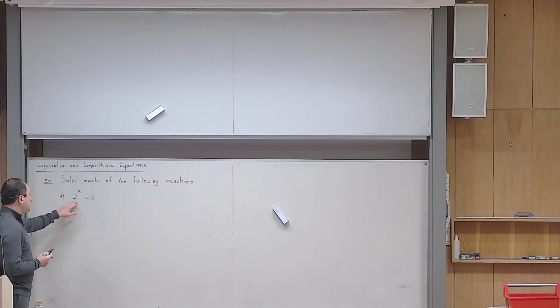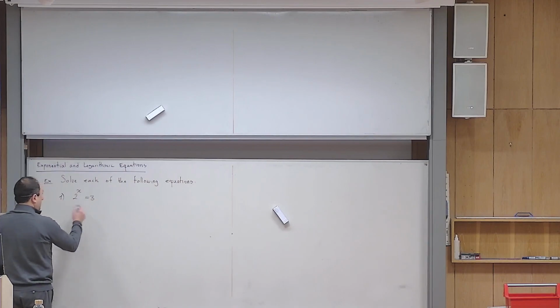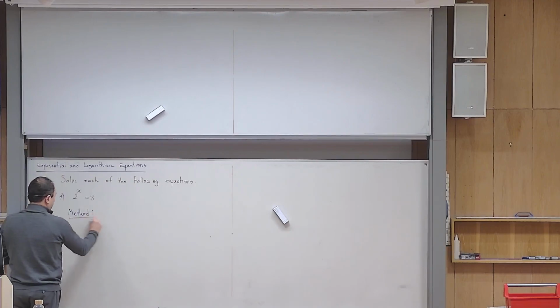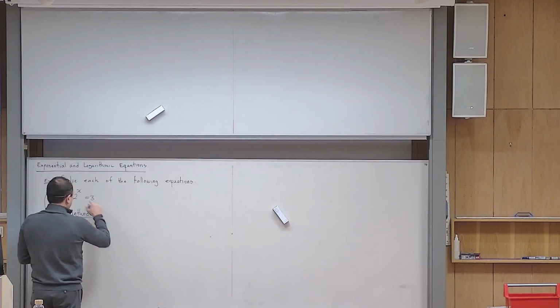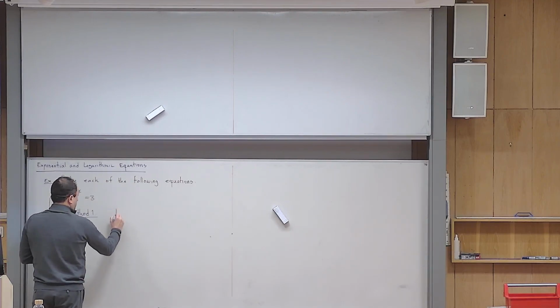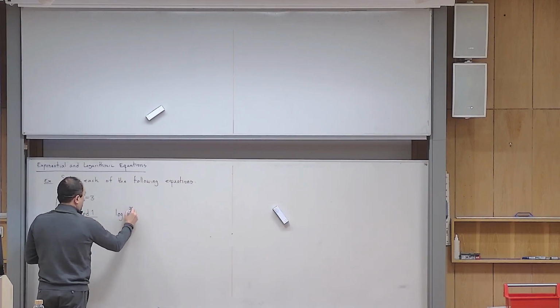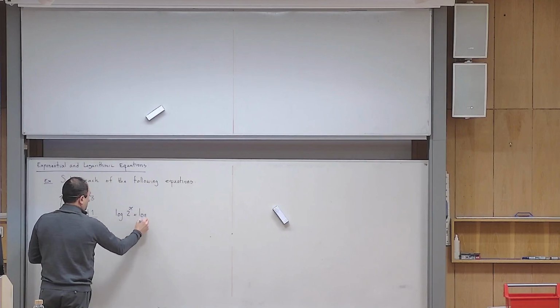Okay, so for this one, in Math 2C, we could take the logarithm to the base 2 from both sides. Let me write method 1. I take the logarithm from the left and right, and I choose base 2 for that.